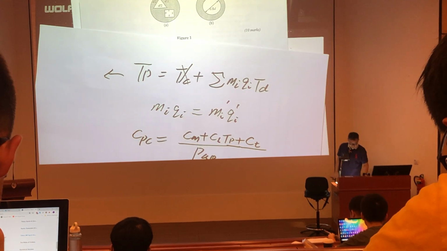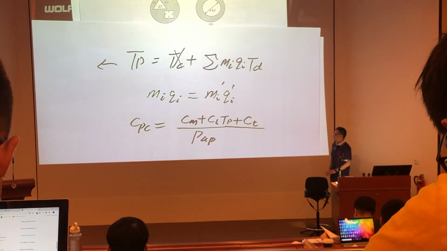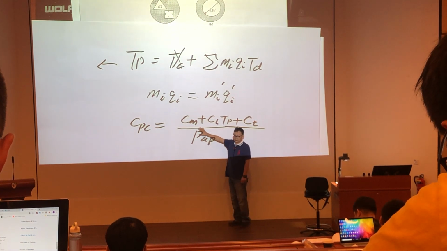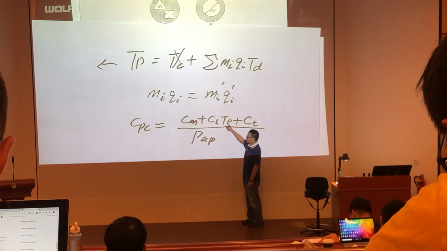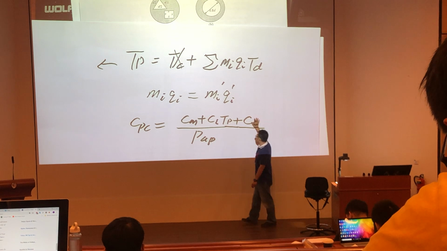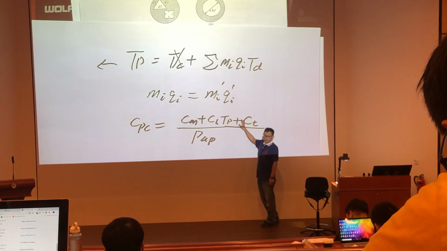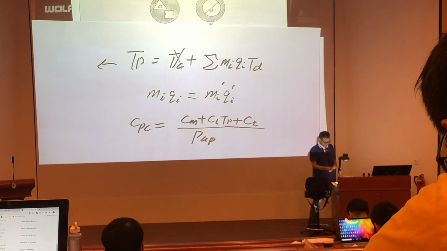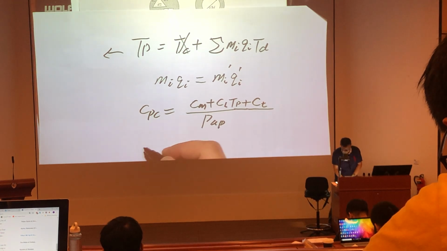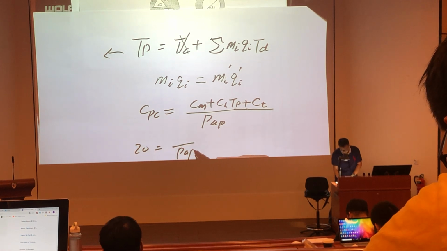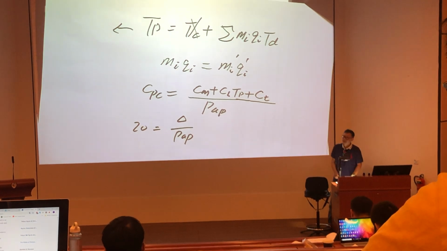But if you look at this question, before and after, CM is unchanged, the material cost is unchanged. TP remained the same, CL is unchanged, so this portion is the same, and CT is 0. So the denominator side is actually unchanged. The only thing that changed is we have 20 equals delta over PEP.